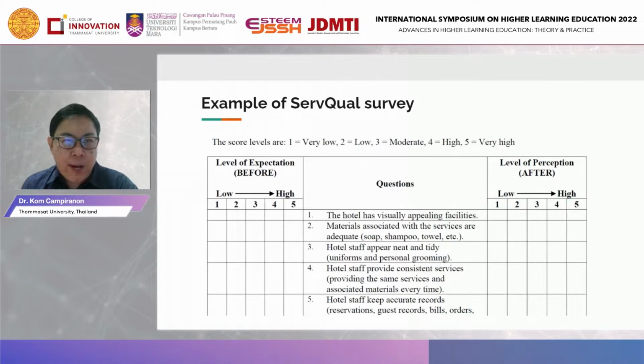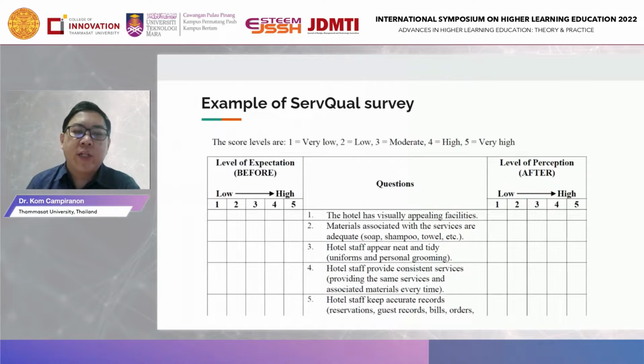So on the left and right, you will see the questions that we asked them for their level of expectation. That's before they arrive at the hotel, right? So question number 1, the hotel has visually appealing facilities, right? So before they come to the hotel, what is their expectation of the hotel facility, right?